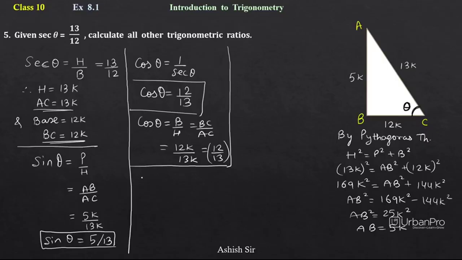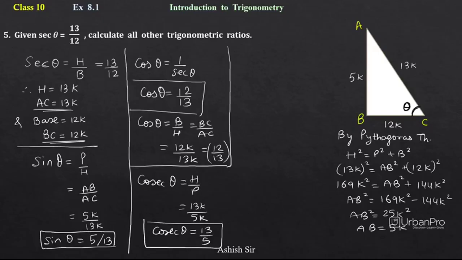In a similar way, we can find cosec theta, that is the reciprocal of sine theta, h upon p. Hypotenuse is given as 13k, perpendicular 5k. So cosec theta will be 13 by 5. Next, we move on to tan theta.